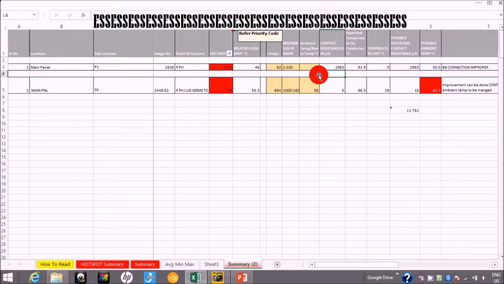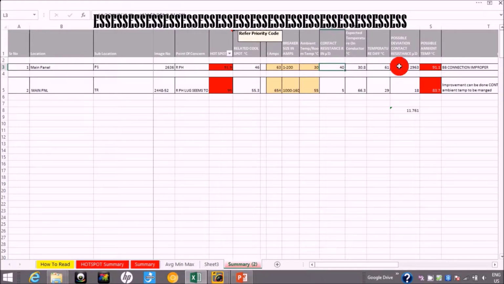Okay, but this cannot be the case. Sorry, this can be the case. So the basic culprit is the contact resistance, that is the loose connection that you have. The other thing is that it is saying the possible ambient temperature is 91 degree. So that 91 degree, I'll explain in the next case.